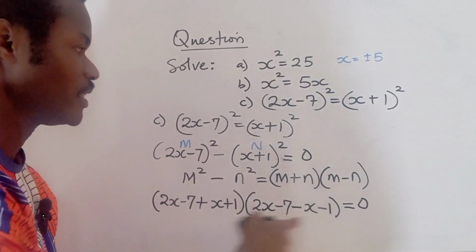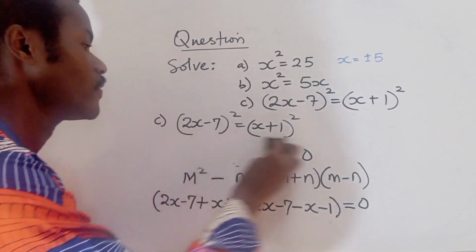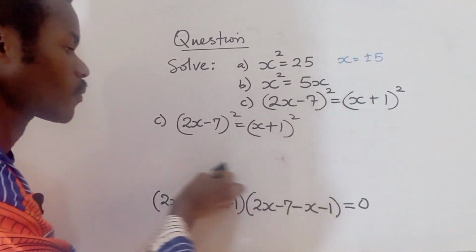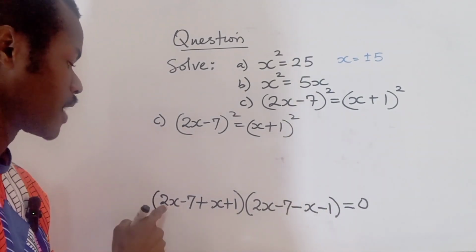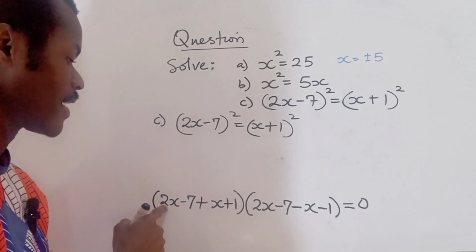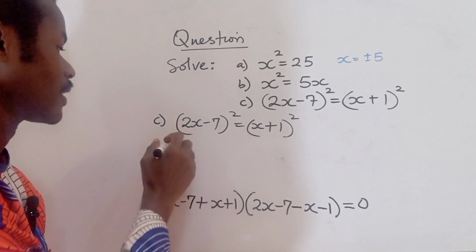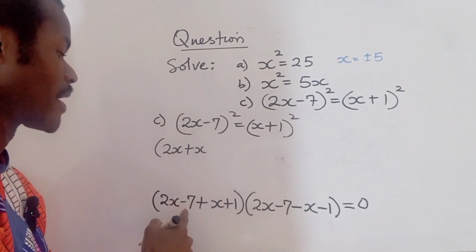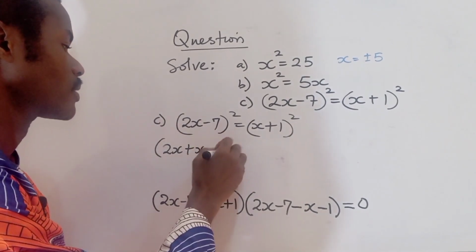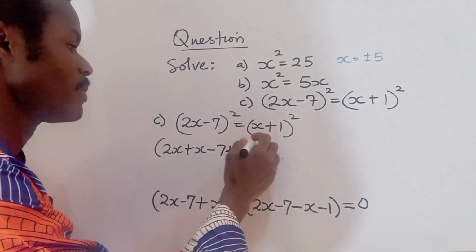Now, from this stage, we can now solve further. We can see that in the bracket certain things are like. So we have 2x plus x. So 2x plus x are like. So we have minus 7 plus 1. What about for this bracket?